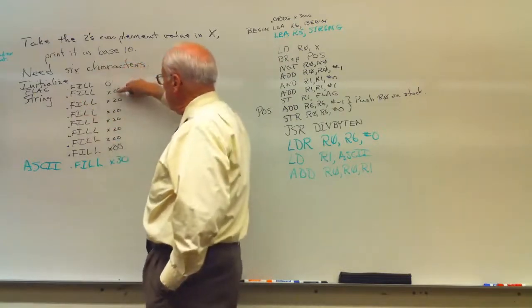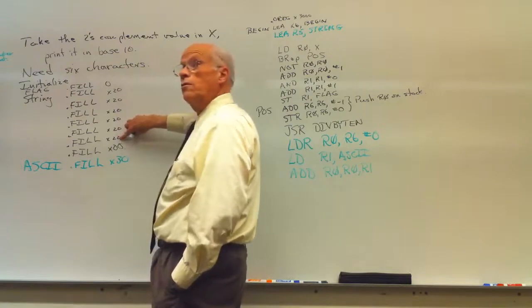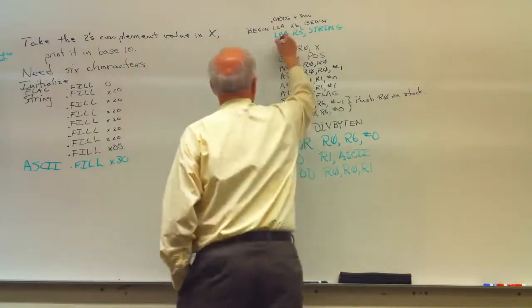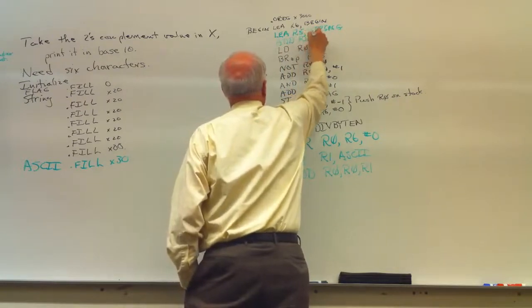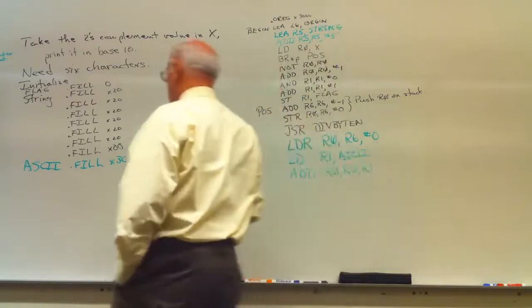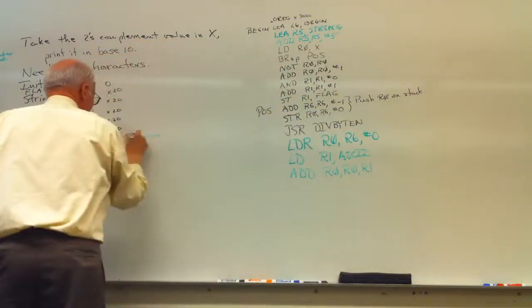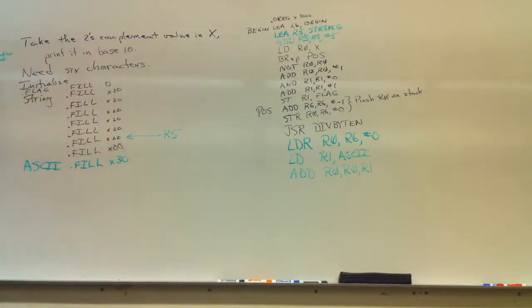So I need to add 1, 2, 3, 4, 5. So I will add a 5 onto it. That puts register 5 pointing right here.